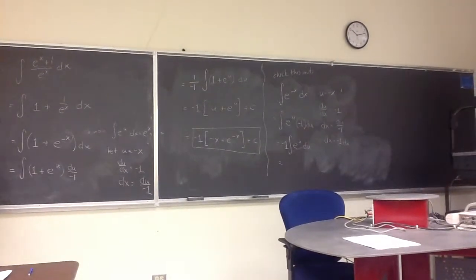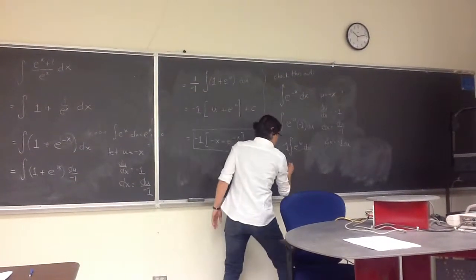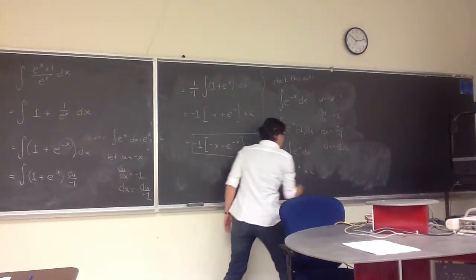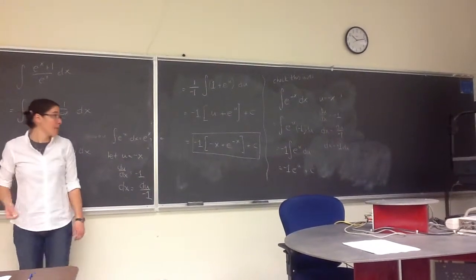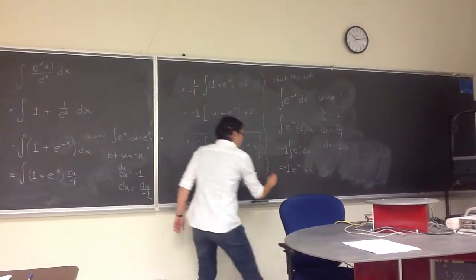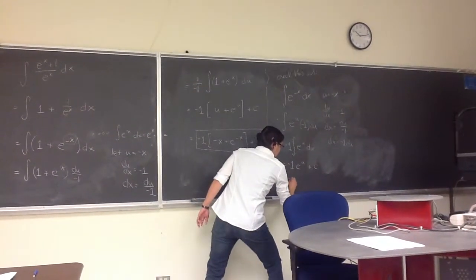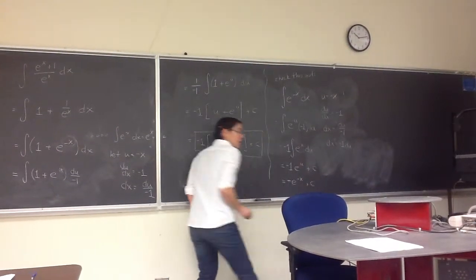All right, so I've changed everything in terms of u's. And now I can take my antiderivative. The antiderivative of e to the u is just e to the u. So I have -1 e to the u plus c. And so when I turn this back into my x values, I end up with a negative e to the negative x plus c.